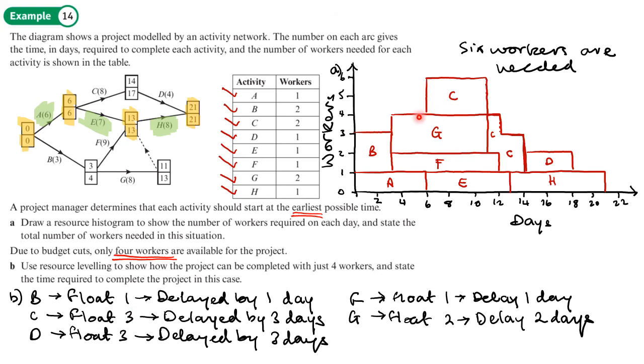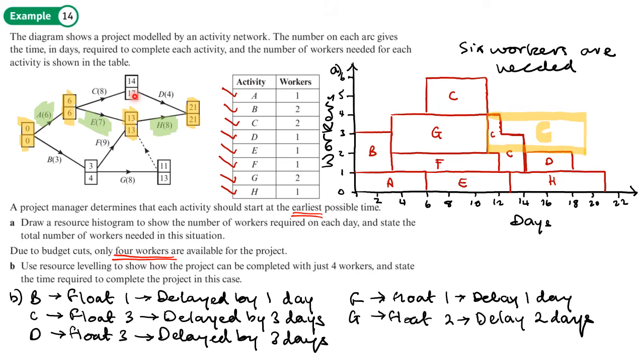I want to move it by actually 5, so it starts here. So that will just delay the whole project by 2 days. Now we'll write that down, but we'll also show it on the diagram what that's going to look like. So by delaying C by 5 days, we can get it to move here.